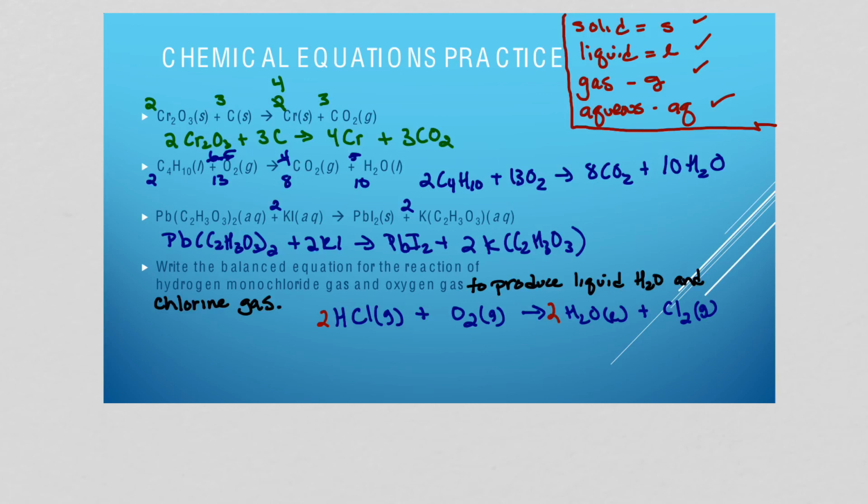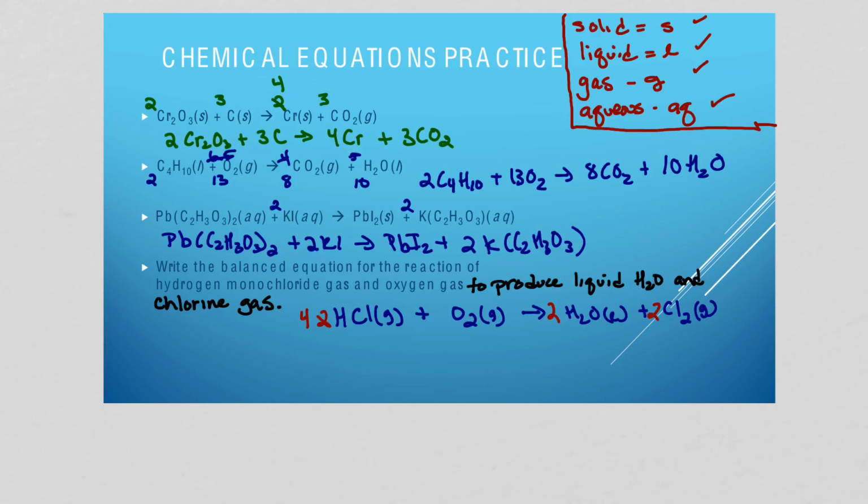So now I have to go back and check because now I have 4 hydrogens over here, but only 2 over here. So I have to make this a 4 instead. So I have 4 HCl. Now this changes that I have 4 chlorines, so I have to go and add a 2 here.